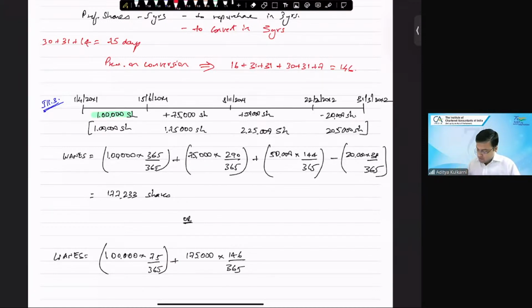All right, perfect. So this is 146 plus next 2,25,000 shares. How many days? 146. November 22, plus 31, plus 31, plus 22, 106.